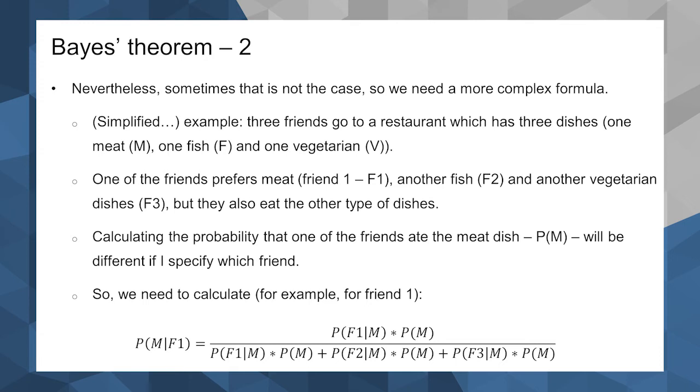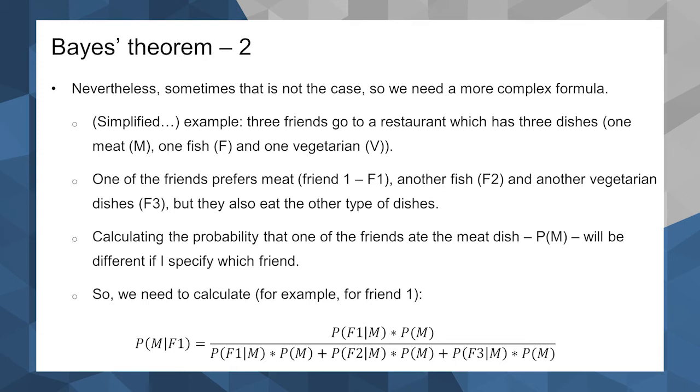We've got three friends. They're going to a restaurant, and the restaurant has only got 3 dishes: a meat dish, a fish dish, and a vegetarian. The 3 friends, let's call them F1, F2, and F3. One of them prefers meat, the other one prefers fish, the other one prefers vegetarian dishes. But they're not exclusive.